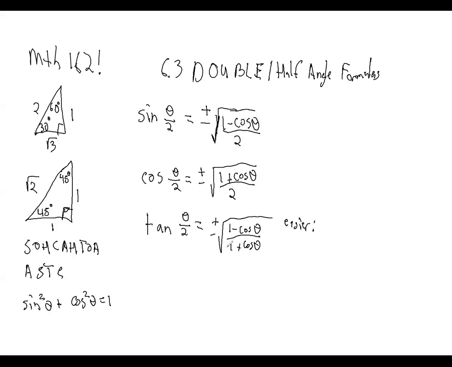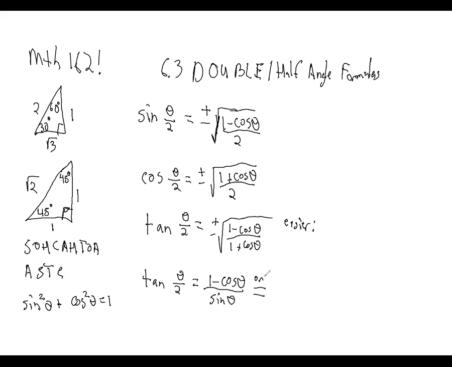version, and this is the one that we're going to use in the next example. So tangent of a half angle is going to be, and there's two versions of this, 1 minus cosine of your doubled angle over just the sine of the doubled angle, and there's no square root, there's no plus or minus here.